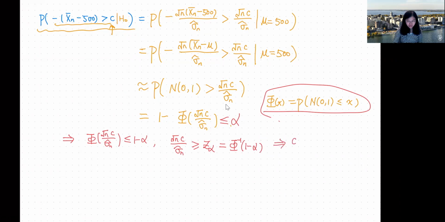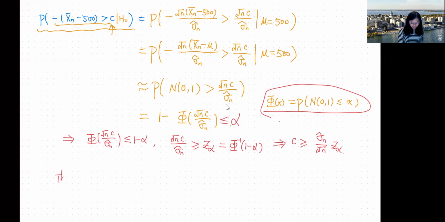Or if you want to find the admissible values for c, that will be c greater than or equal to sigma n hat divided by root n times z alpha.